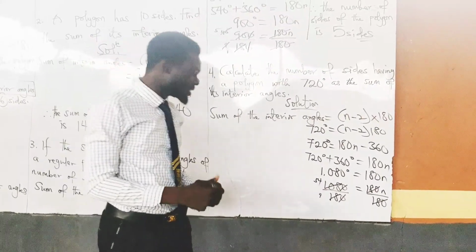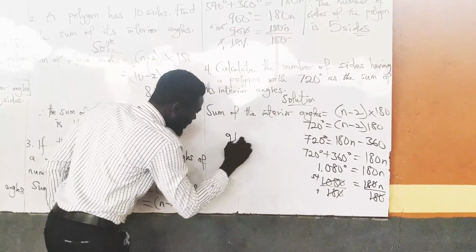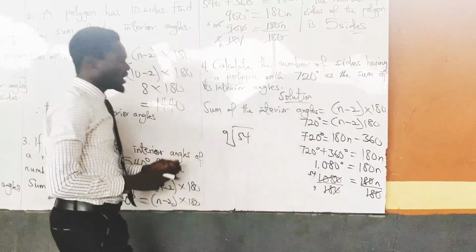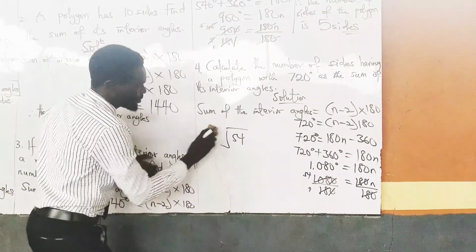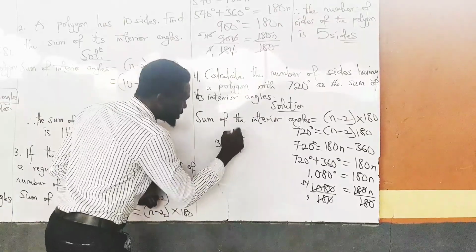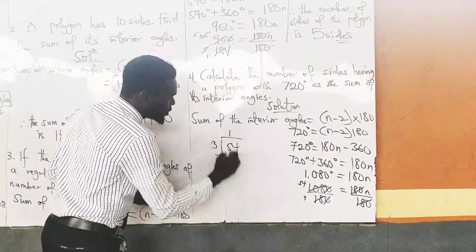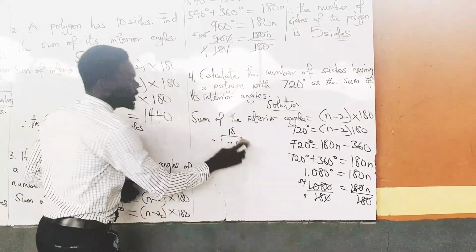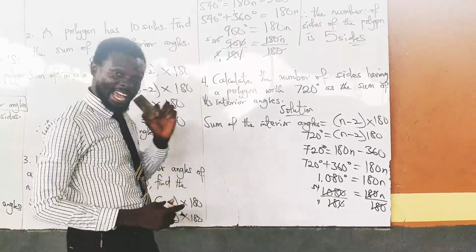No. Let's see. Let's use the long division and see. Let's see for 3. 3 will go into this one, 1. When you subtract, 18 times. So 3 will go into 54 18 times.